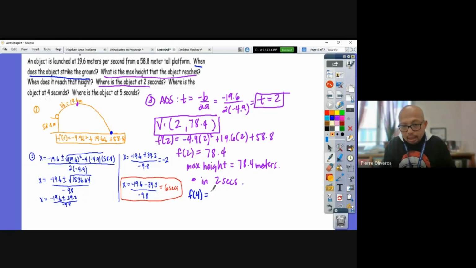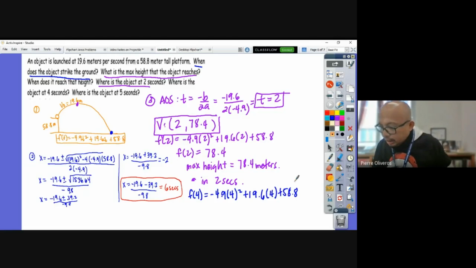So we're going to plug in negative 4.9 times 4 squared, plus 19.6 times 4, plus 58.8, enter.